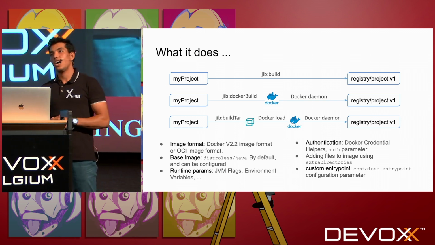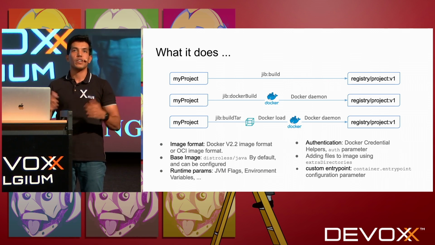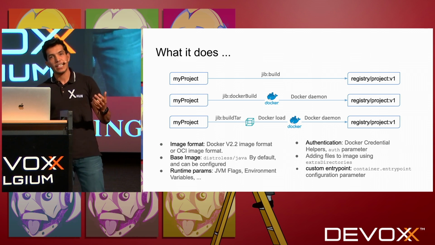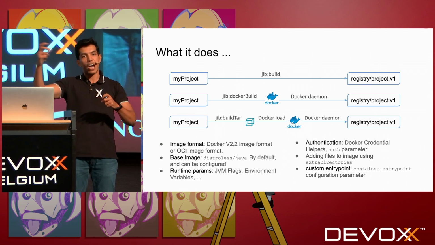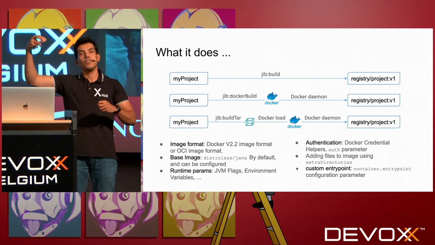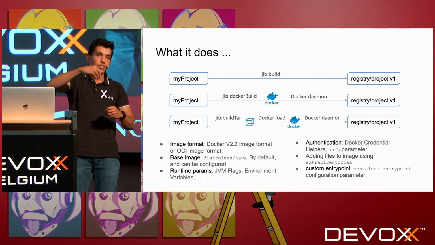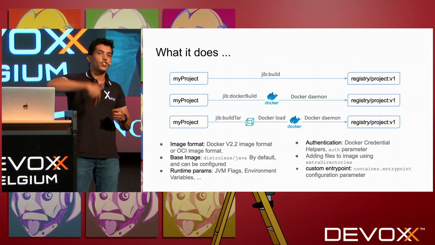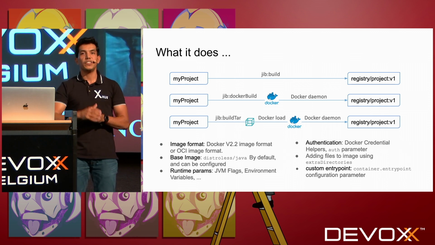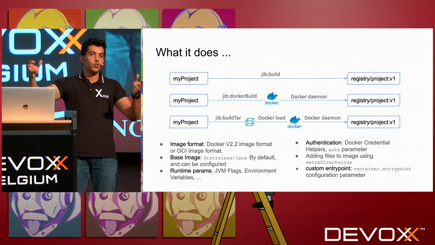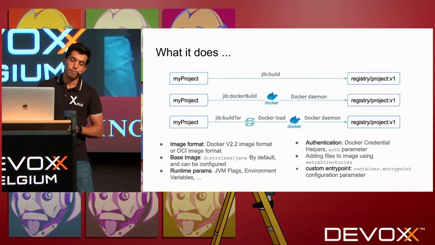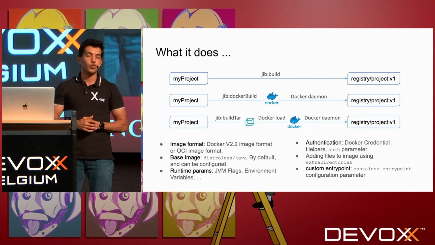So the question was, how does Jib work with multiple Maven or Gradle modules? You need to grab those dependencies. I suspect those other modules are basically dependencies of your application. Maven will compile your application and generate your dependencies, and those dependencies will be put into the dependencies folder in your image.